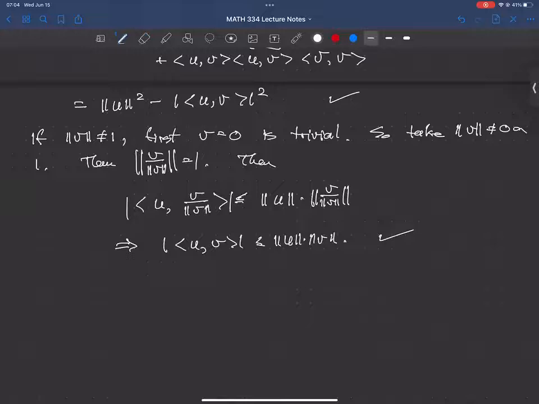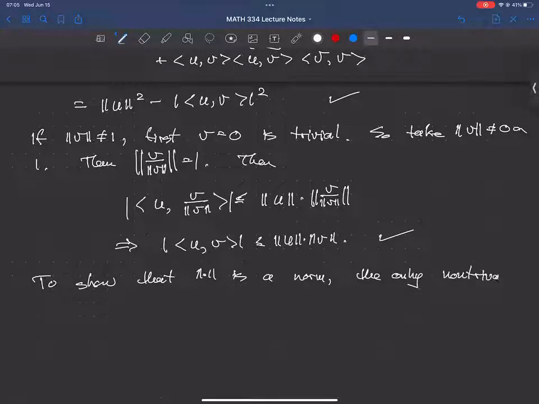All right, so to show that this is a norm, the only non-trivial assertion is the triangle inequality.